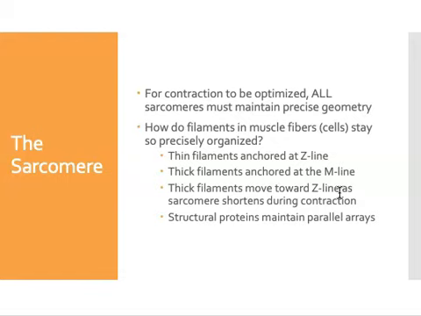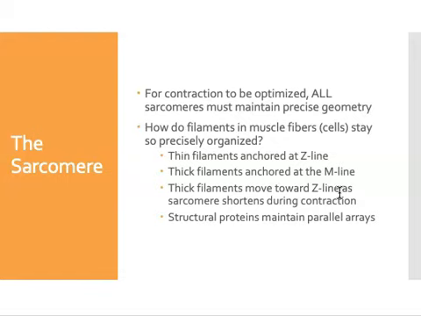The thick filaments themselves are staying put. It's the thin filaments that are moving. And as those thin filaments move towards each other, as the Z lines get closer and closer together, it will appear like the thick filaments are moving towards the Z lines.